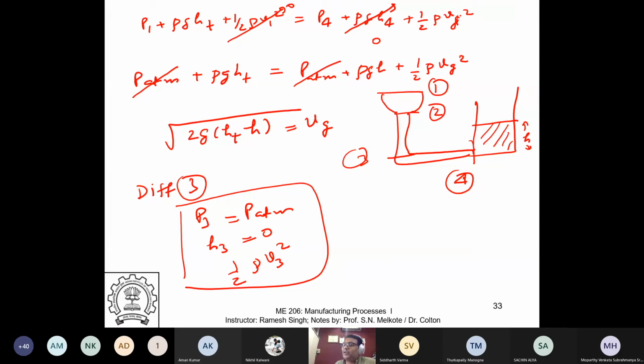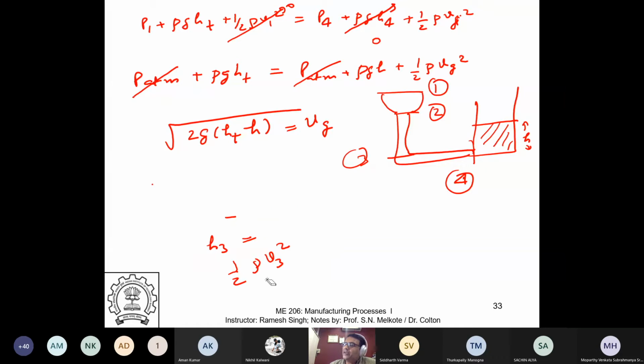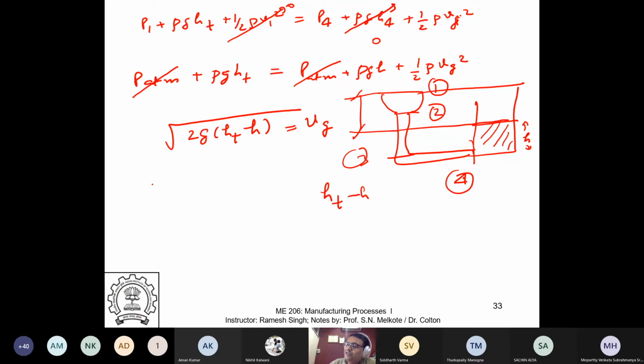So there will be extra pressure because of that. This you can also look at. I did the Bernoulli equation, but you can also look at the differential head directly. This is driving the flow. This is the differential head which is driving the flow, which is HT minus H. So the velocity will be root 2g (HT minus H).